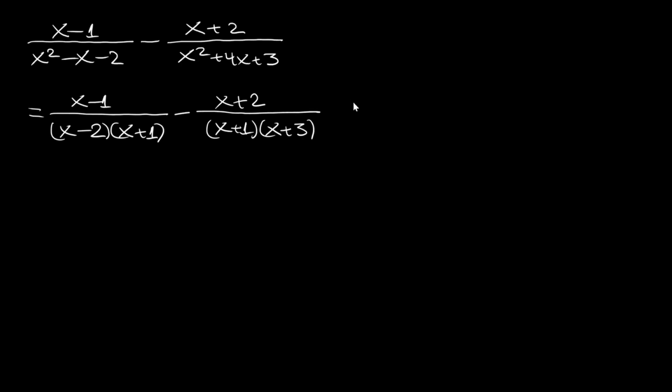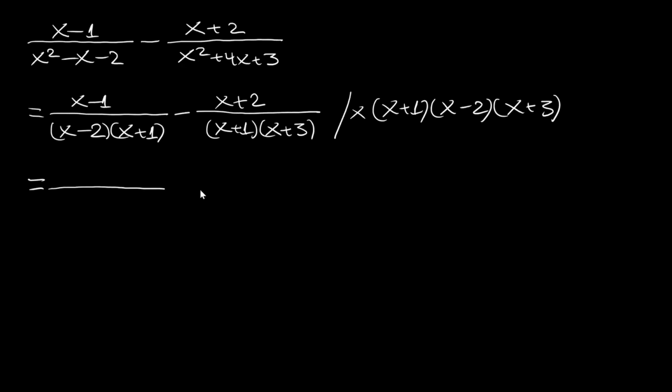So everything's correct. Now we need to find the lowest common denominator. And this is x plus 1 times x minus 2 times x plus 3. And let's write it down. X plus 1 times x minus 2 times x plus 3. And let's see what we get thus.